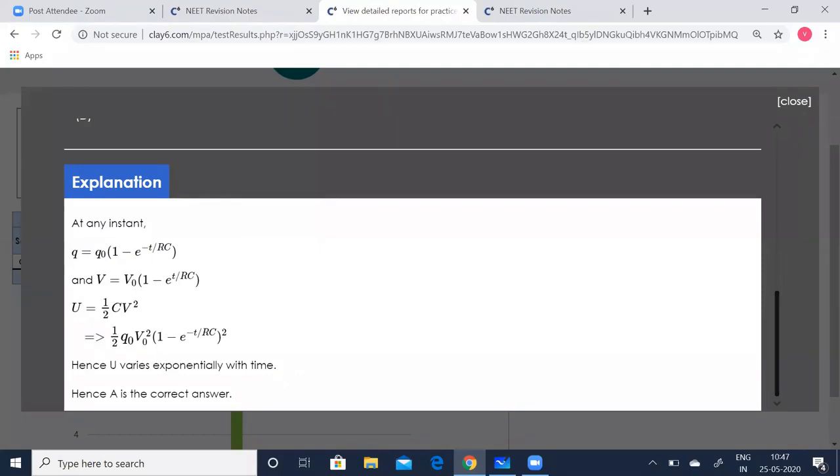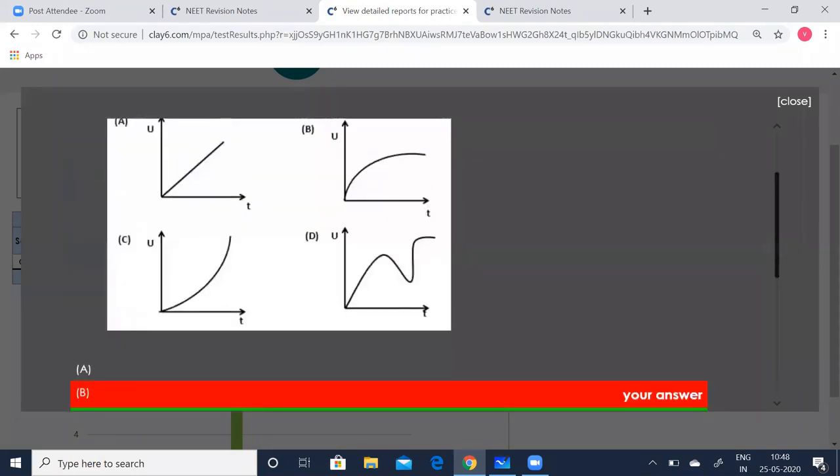So half into Q0 V into 1 minus e to the power of minus t by RC the whole squared. The others are going to be constants, so you can see that it varies exponentially with time. He says option A is correct. No, it cannot be. It should be the exponential part. So B should be the correct option.